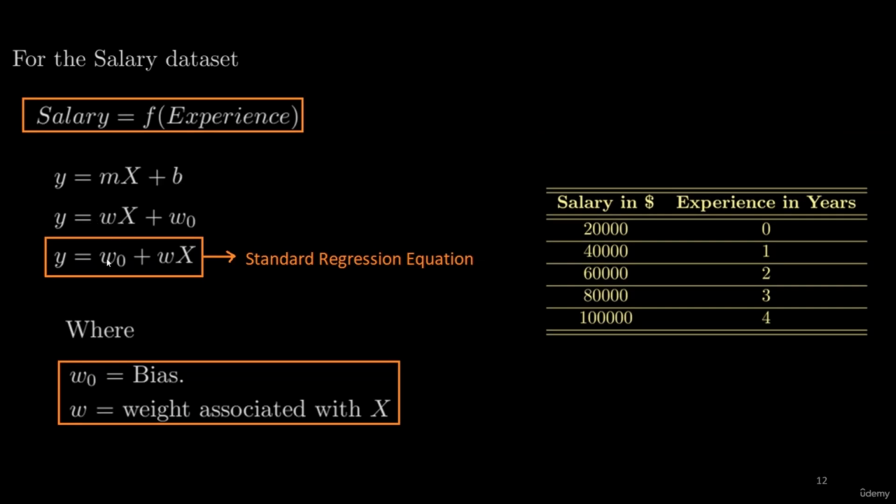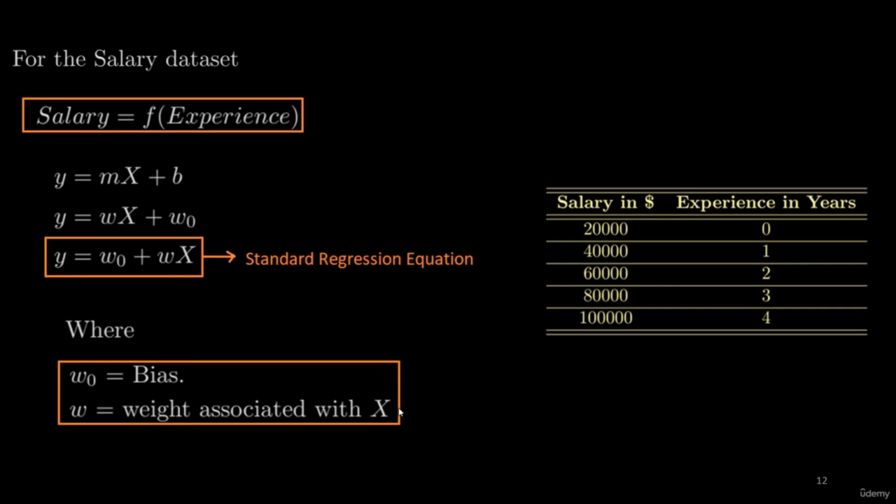If I write W naught first and Wx after, then this is called the simplest form of regression, or the standard regression equation, where W naught is now known as bias. We will not call it intercept. Now it is called bias when we study regression. The concept is the same. And W is called the weight which is associated with x.